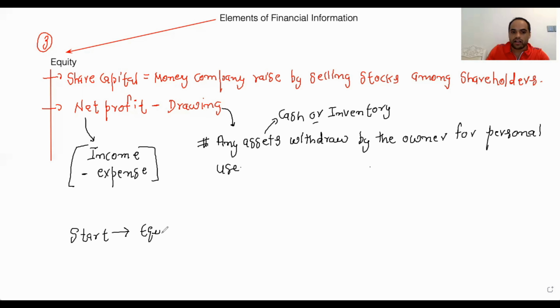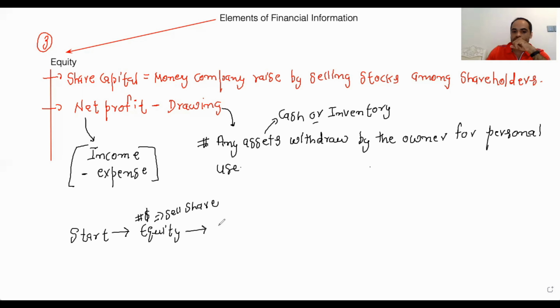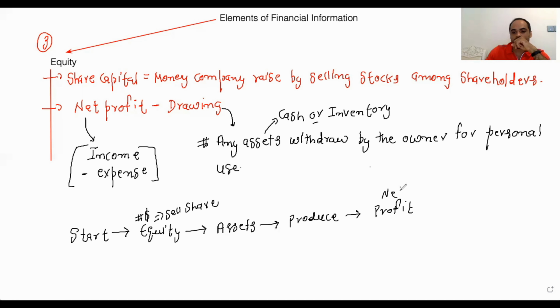We sell shares to raise finance. And what we do with this equity, we invest to buy assets. And once we have assets, we produce. If we produce product, we sell product, we have a profit. Profit means net profit.